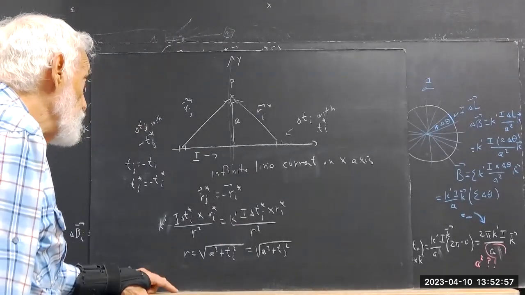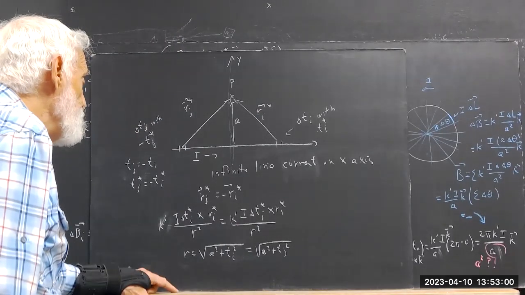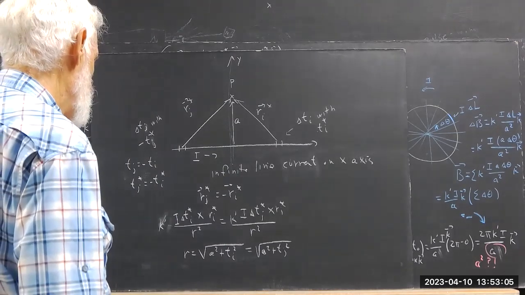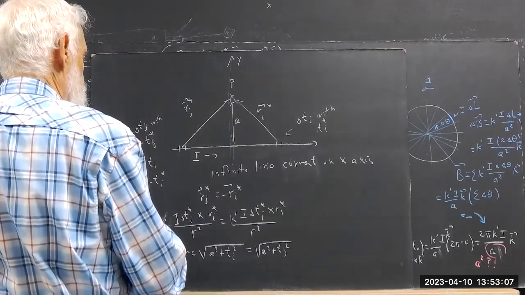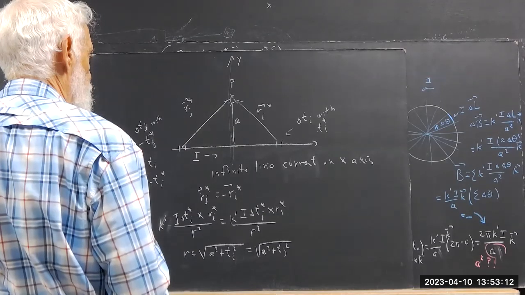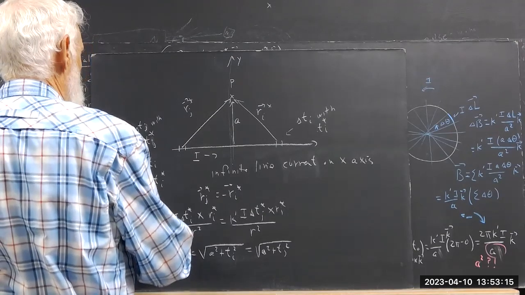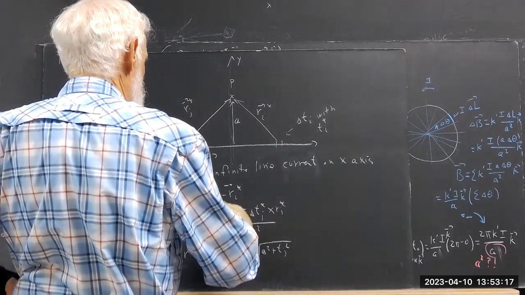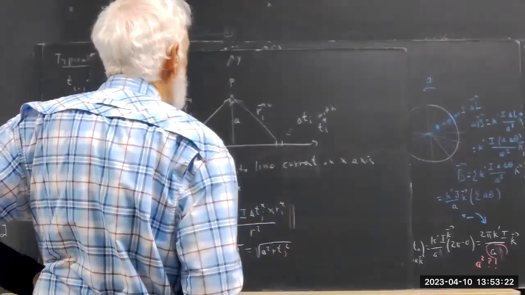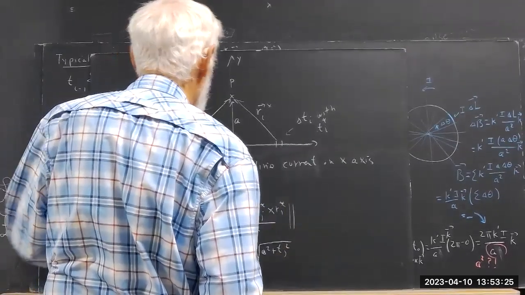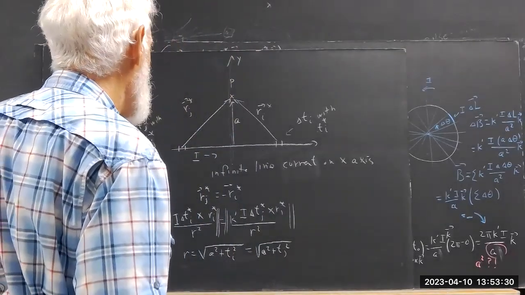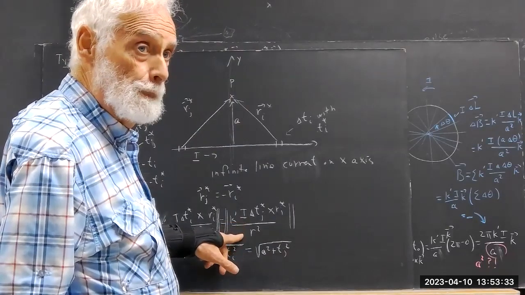What it comes down to then is, well, negative 2 times the, actually, I don't need to. So you're going to end up integrating this cross product.